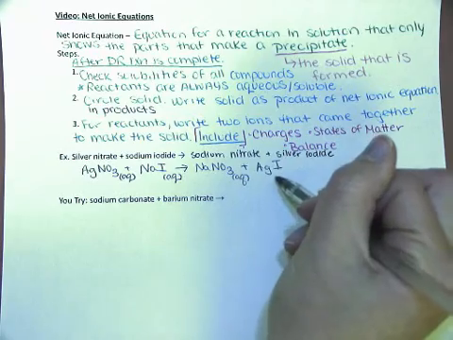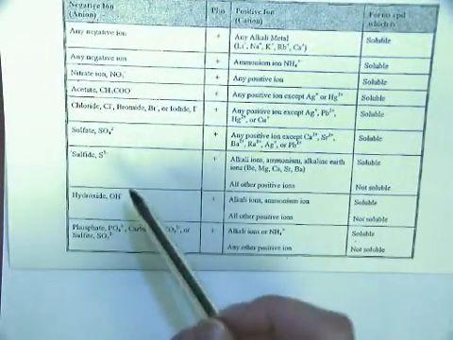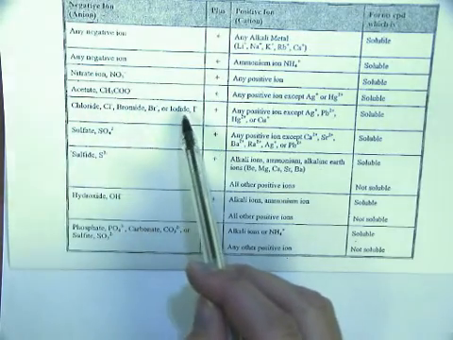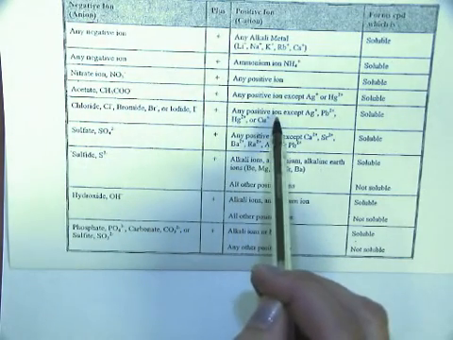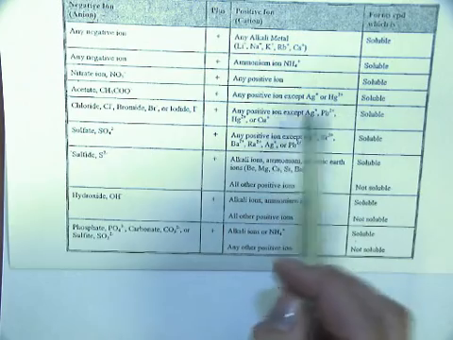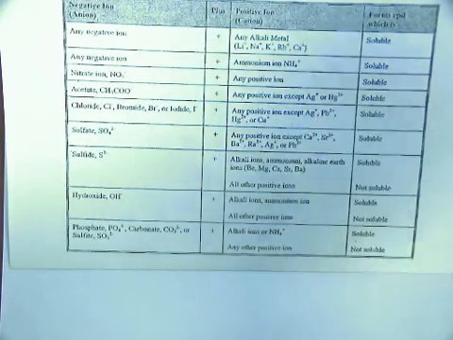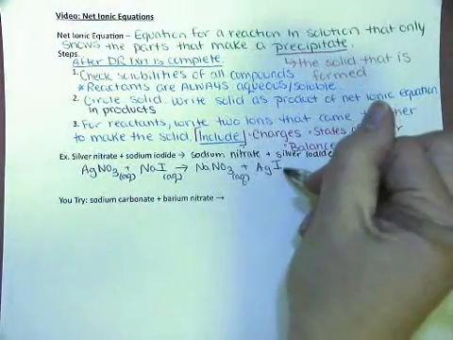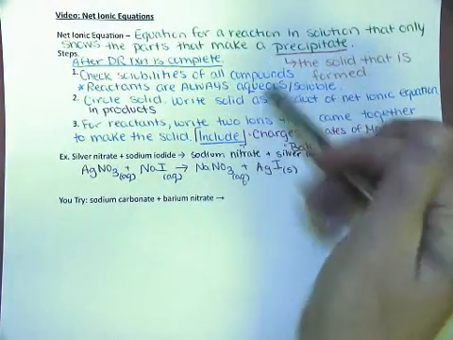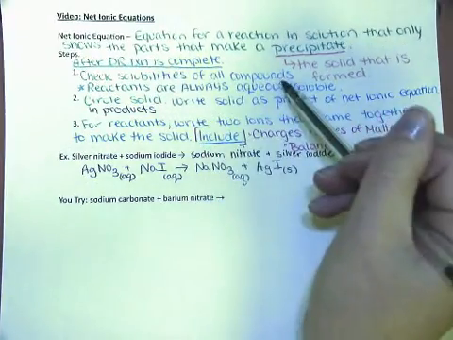Next, I checked my silver iodide. Here are my iodides, plus any positive ion is soluble except silver. Well, I have silver, so that means it must be insoluble. If it's insoluble, that's a solid. So here's my solid. Okay, so that was step one, check solubilities.